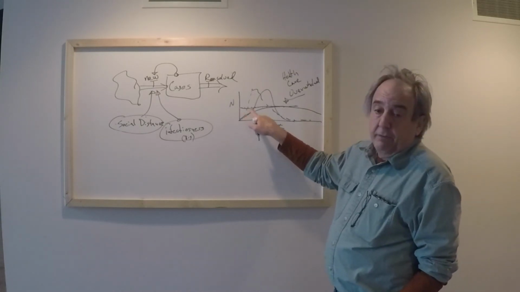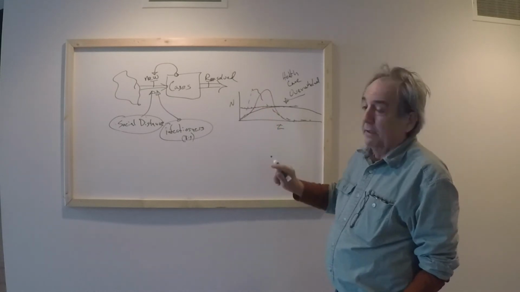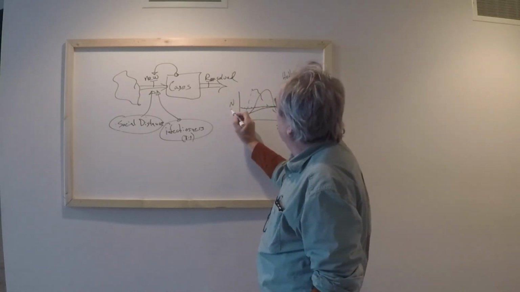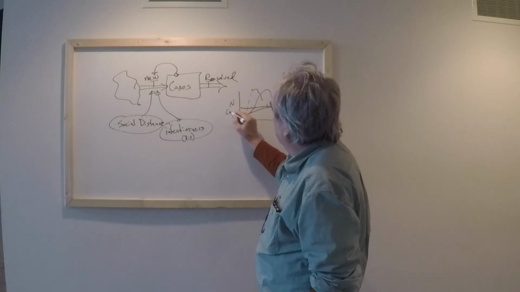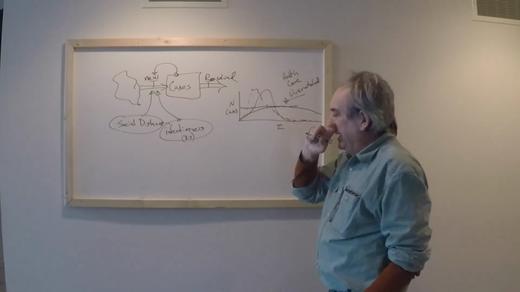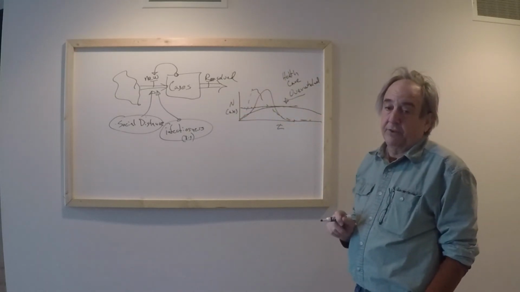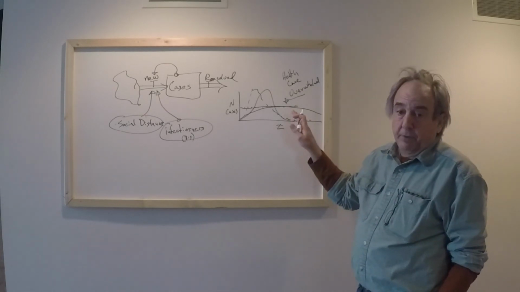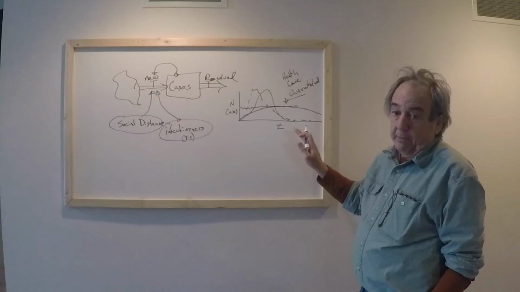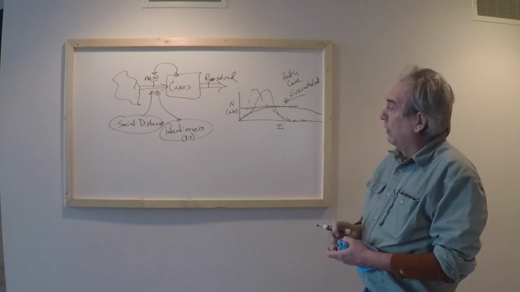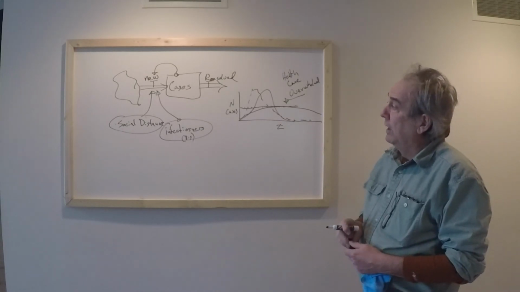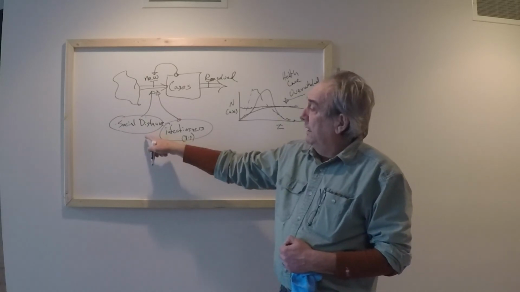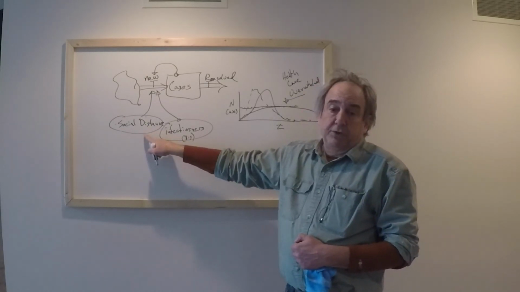Well, the rate of increase of cases, and this is cases, the rate of increase in cases also goes down. So this is a very simple starting point for where we are, and it folds in this social distancing that we're all doing.